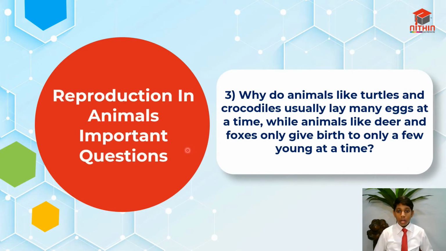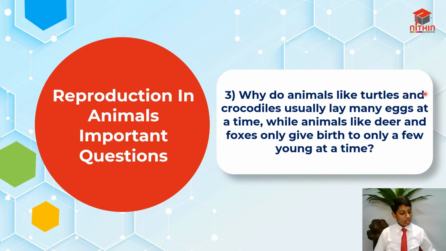Now we are at the third question. Why do animals like turtles and crocodiles usually lay many eggs at a time, while animals like deer and foxes only give birth to a few young at a time? Do you remember I actually told the answer to this in the last video?